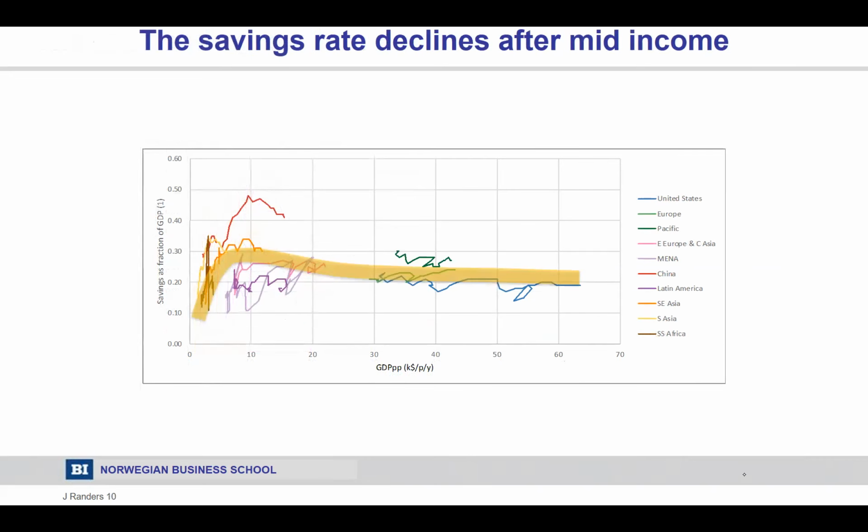The savings rate, for those of you who are interested in the macroeconomic parts of this, interestingly, also has a pattern where the savings rate declines as you get richer. Very interestingly, it means that people actually consume more as they get richer, which is contrary to one of the graphs shown yesterday in the conventional view.